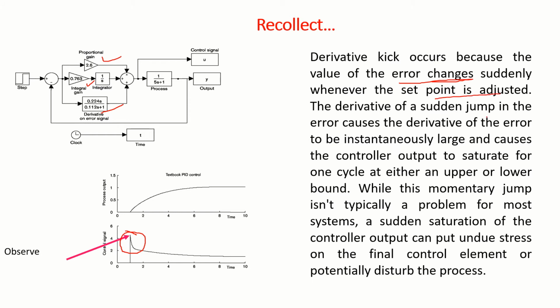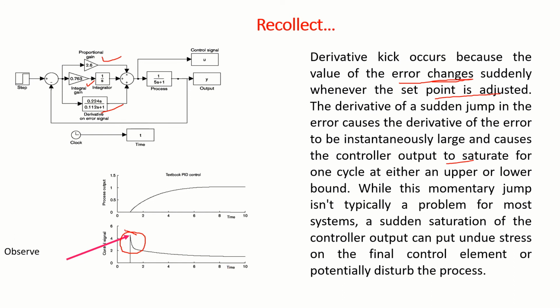The derivative of a sudden jump in the error causes the derivative of the error to be instantaneously large and causes the controller output to saturate for one cycle at either an upper or lower bound. While this momentary jump is not typically a problem for most systems, a sudden saturation of the controller output can put undue stress on the final control element or potentially disturb the process.